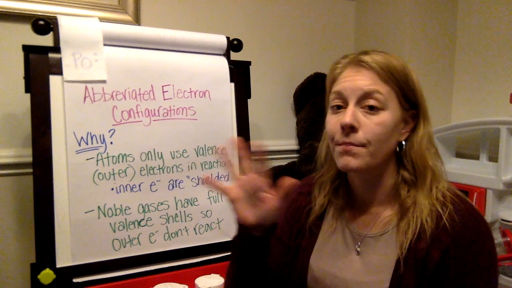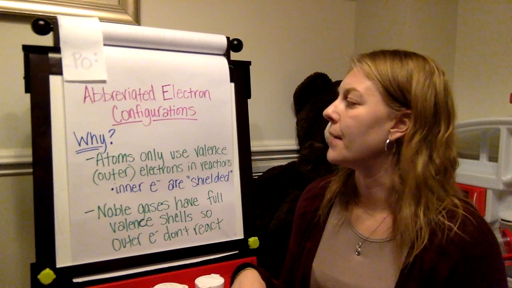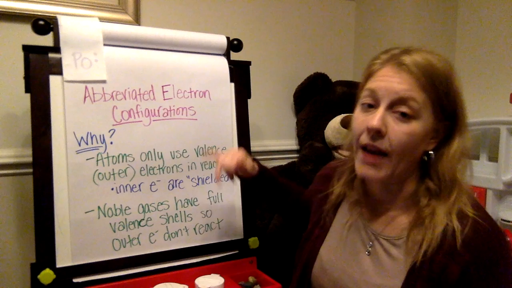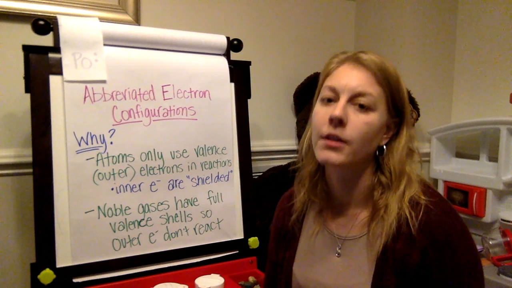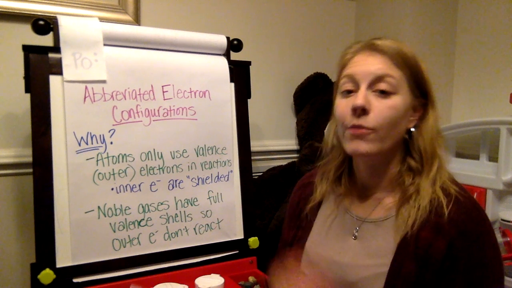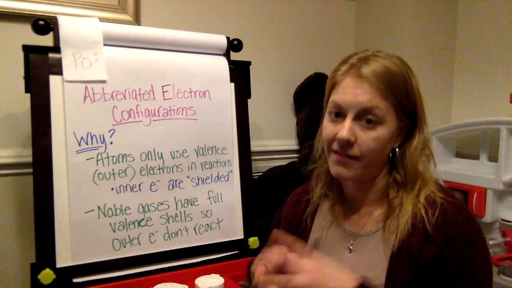The whole basis of writing these is that we're using noble gases. To understand why, we need to understand that when atoms bond, they're only using their valence, or outermost, electrons in the reactions. So whenever we're looking at how atoms are reacting with each other, we're looking at their valence electrons.